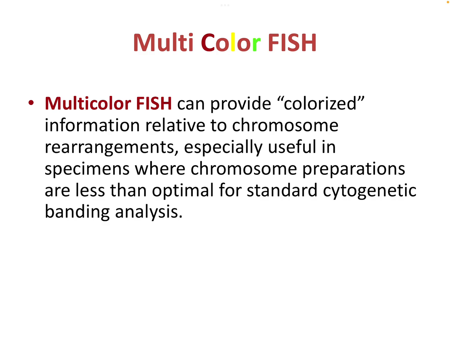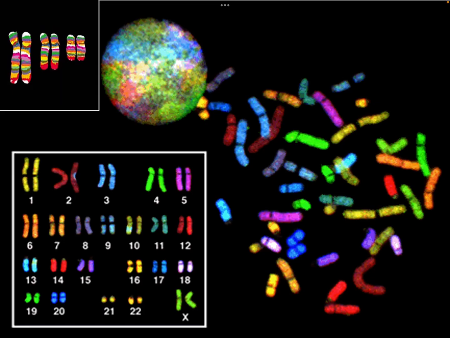There's also the term multicolor FISH. The multicolor FISH can provide colorized information relative to chromosome rearrangements, especially useful in specimens where chromosome preparations are less than optimal for standard cytogenetic banding analysis.